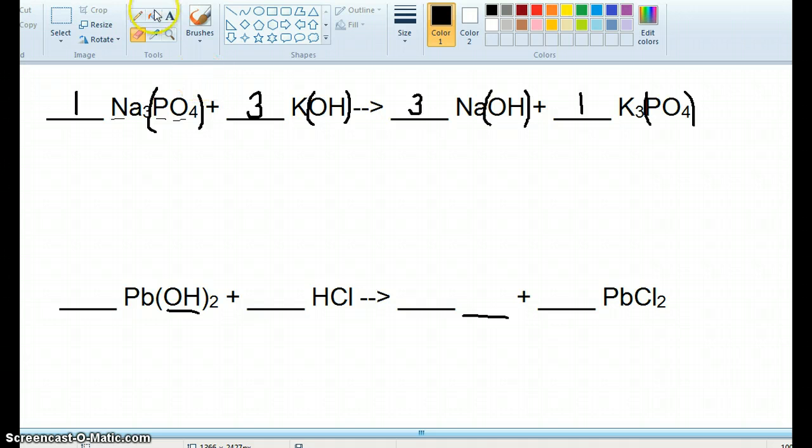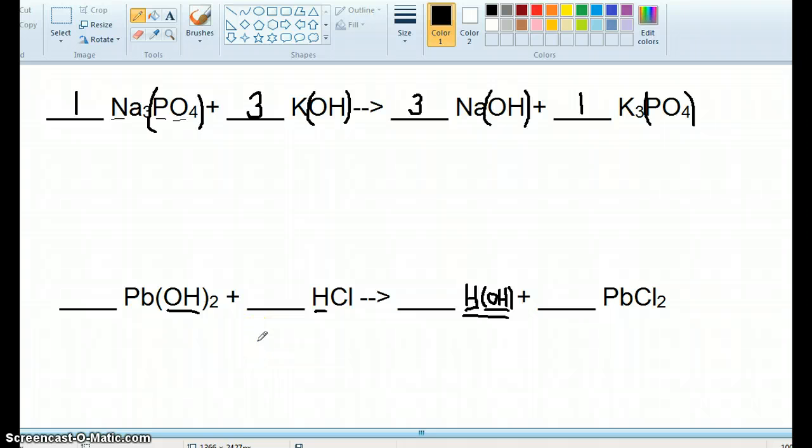So I'm going to rewrite this as hydrogen hydroxide. Now I do this mainly because for me it's easier to balance hydrogens with hydrogens and hydroxides with hydroxides.